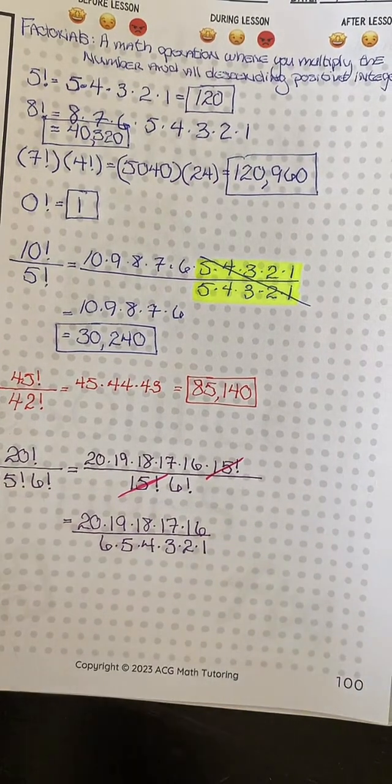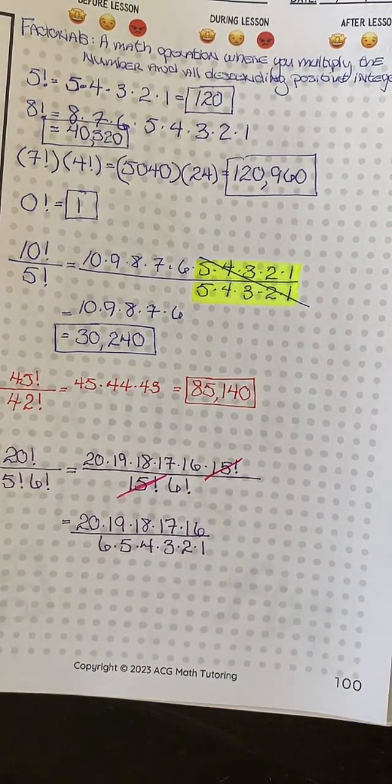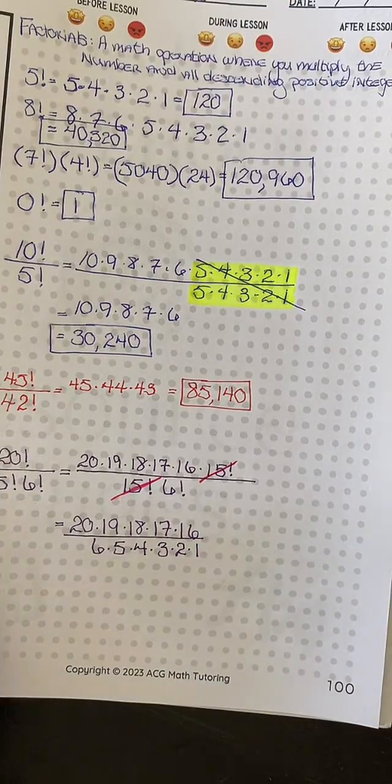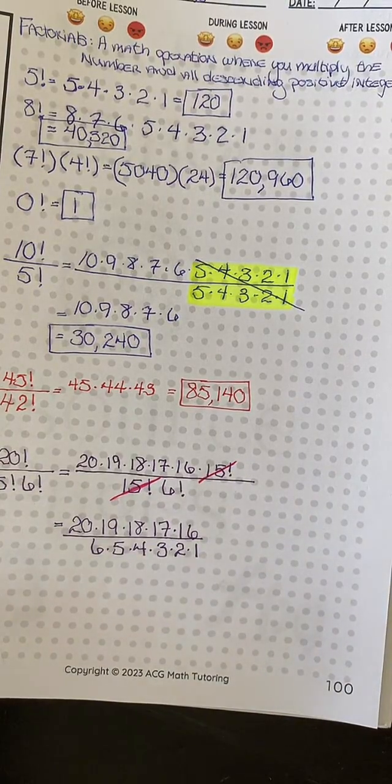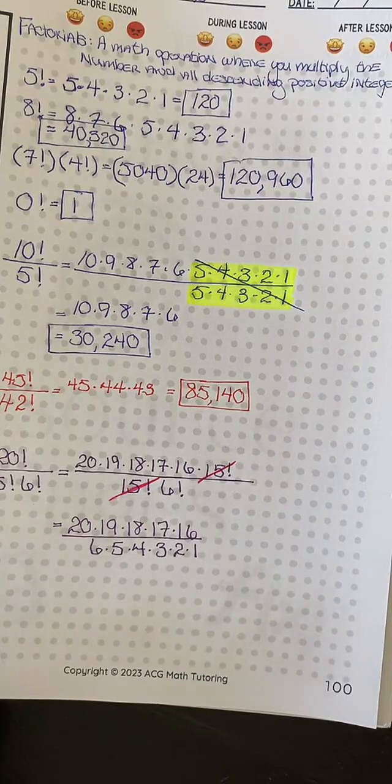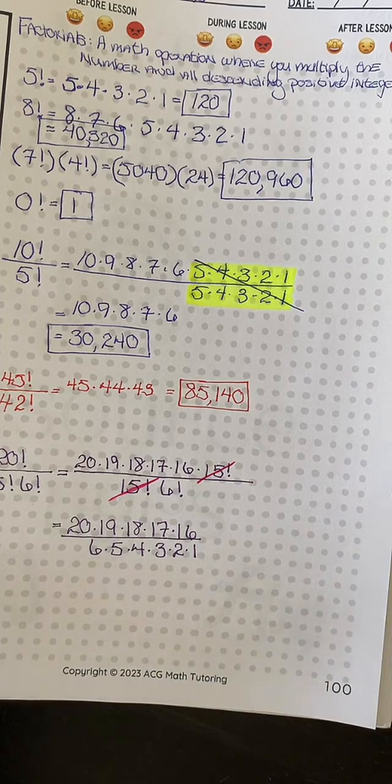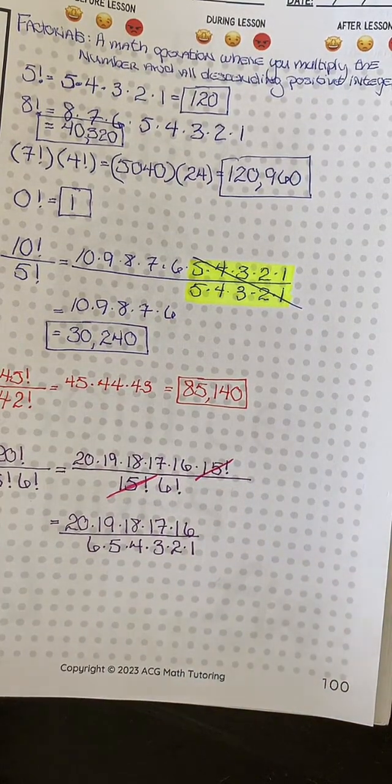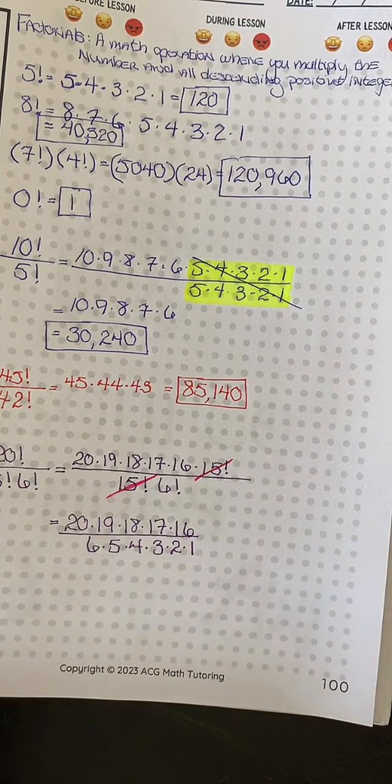So now all you have to do is just figure out what is your 20 factorial, and then divided by our 6 factorial. Oh, sorry, not 20 factorial, because we got it all situated. So we got our 20 times 19 times 18 times 17 times 16, right?